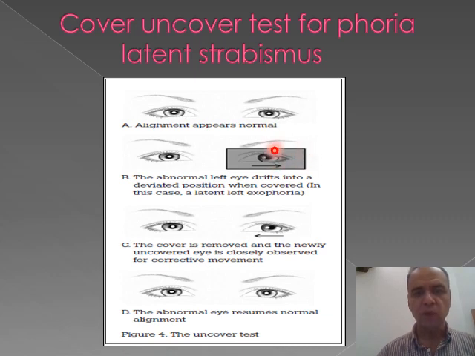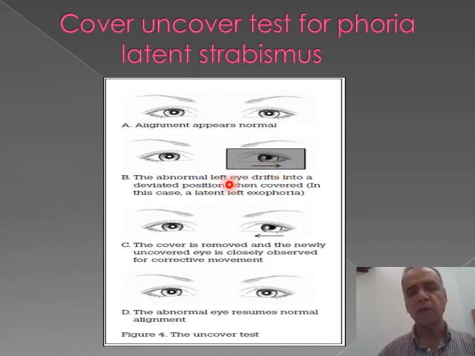Then when we remove this cover, you can see there is a corrective movement of the eye to restore the normal position. This is called phoria because the strabismus is not seen when both eyes are open, like in tropia, and the deviation is only seen when there is interruption of the fusion component of binocular single vision.